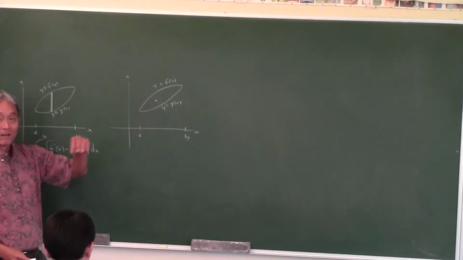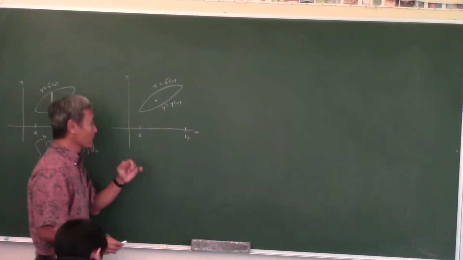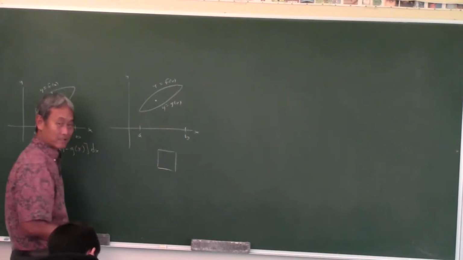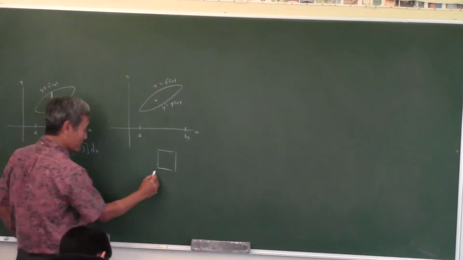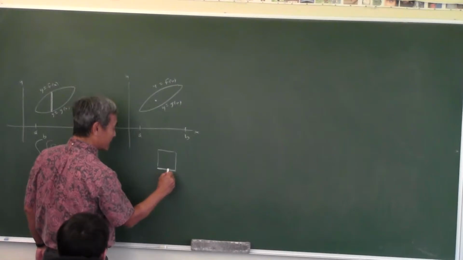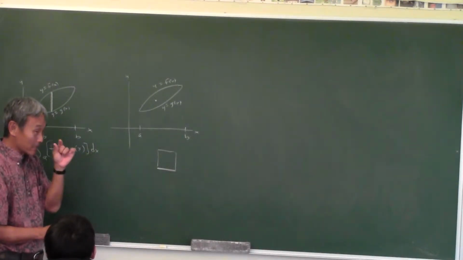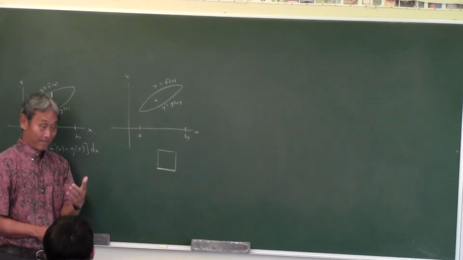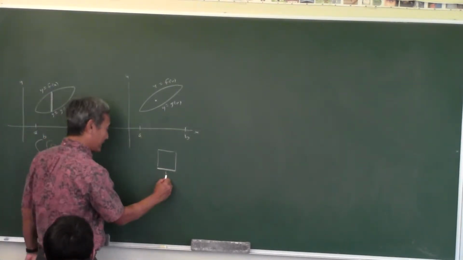A square of infinitesimal length and width. So if you blow it up or zoom in, it kind of looks like this. Now it's infinitesimally small. So what do you think this is? It's a change in x, delta x, but it's infinitesimally small: dx.